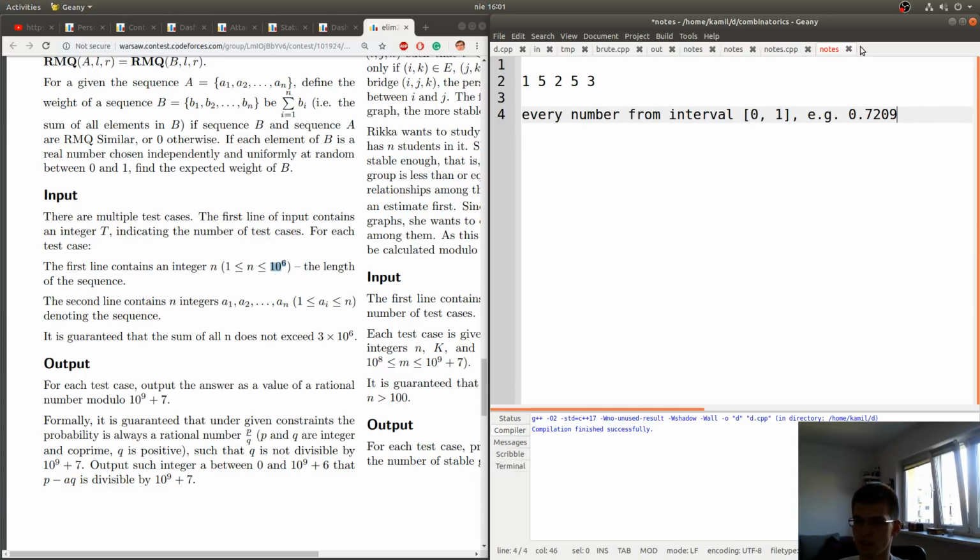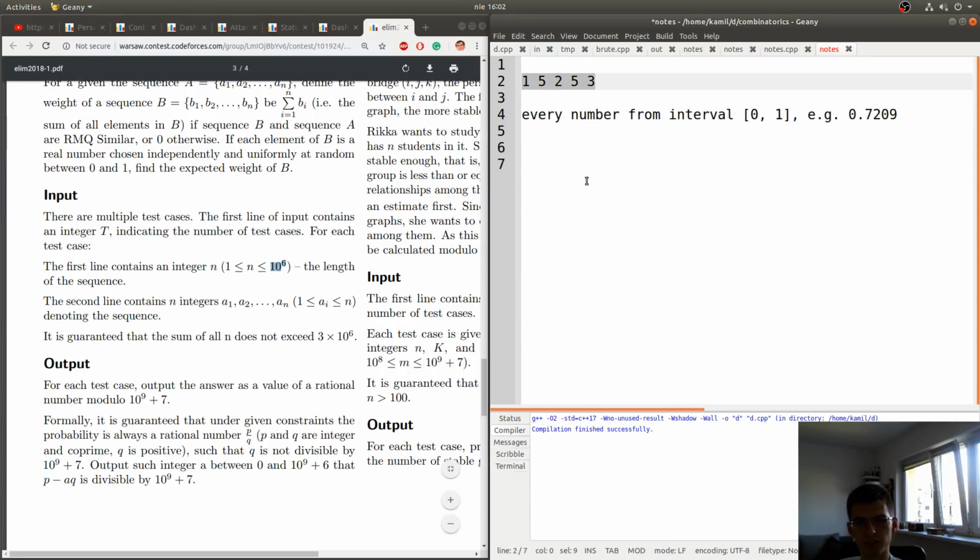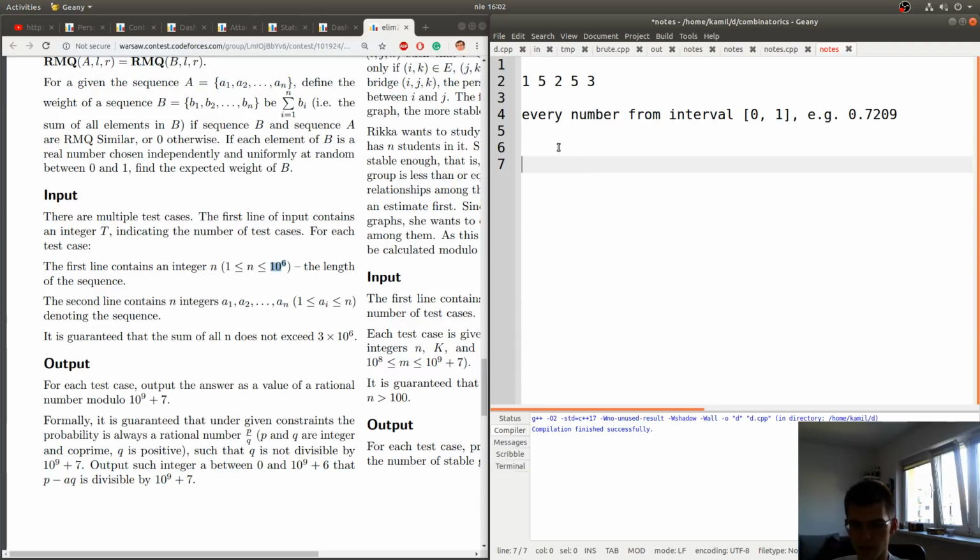And we are asked about, in fact, let's say, the probability that this sequence will be similar to our given sequence in the input. And what does similar mean?